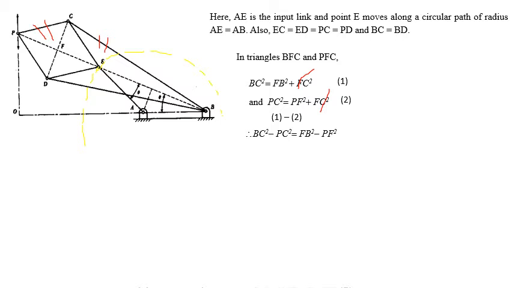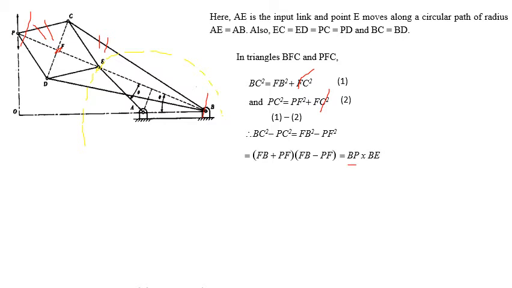So it is of the form A square minus B square, which we can write as A plus B into A minus B. But FB plus PF, in the mechanism you can see FB from the center to this point, plus this PF, so the total length is BP or PB.